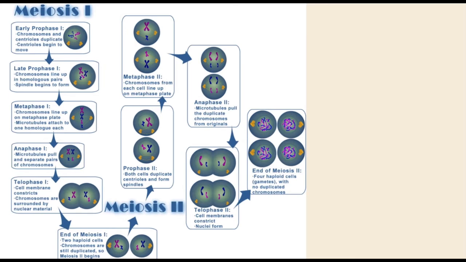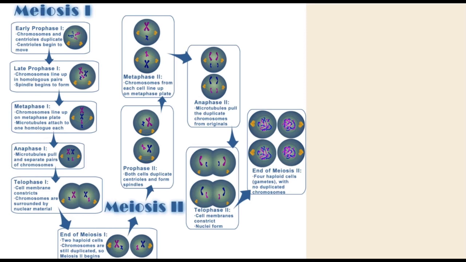In early prophase 1, chromosomes and centrioles duplicate. Centrioles begin to move and chromosomes line up in homologous pairs. Spindle fibers begin to form, and by metaphase 1, chromosomes are lined up at the metaphase plate with microtubules attached to one homologous each.